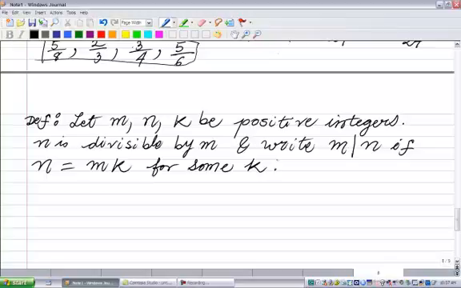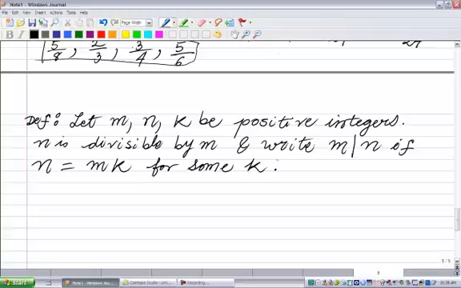So basically, all we are saying is that if I divide n by m and the remainder is 0, then we say that n is divisible by m. In other words, I can write n as the divisor multiplied with the quotient.